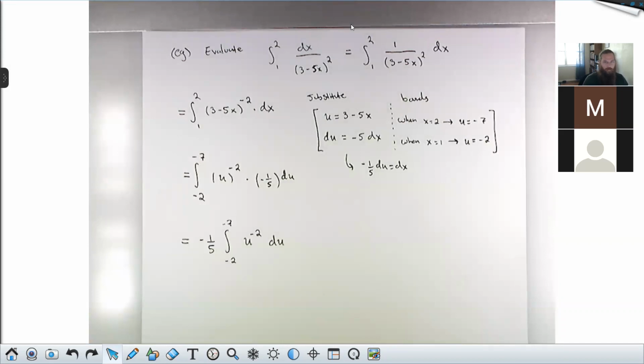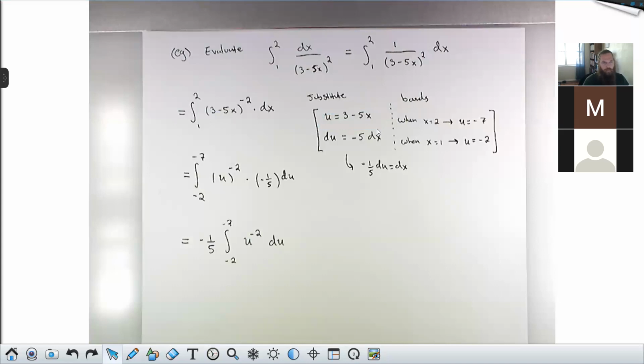And now I go from something where I don't know the antiderivative to one where I do know the antiderivative. The trick again was just to substitute for the inner function. If you had to differentiate this, your outer would be the power and your inner would be 3 minus 5x. Since this is a backwards chain rule, the game is to substitute for the inner.